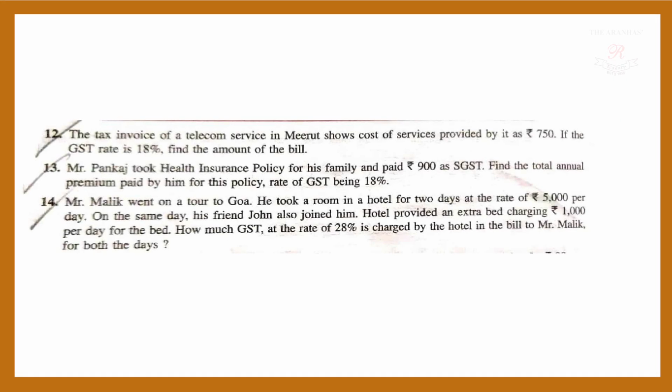Look at it very carefully. The tax invoice of a telecom service in Merit shows the cost of service provided is 750. If the GST rate is 18%, find the amount of the bill.